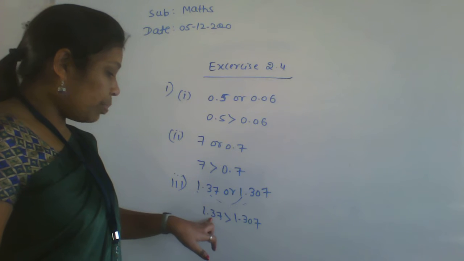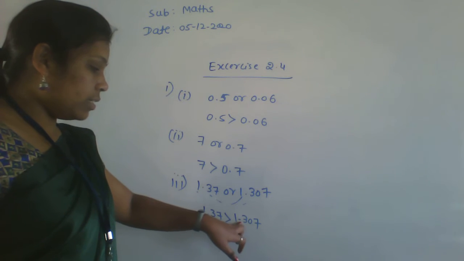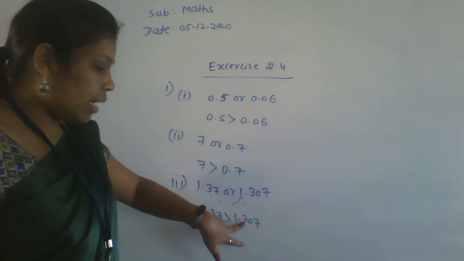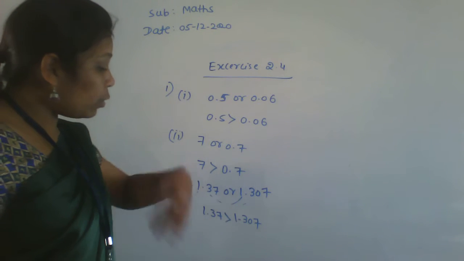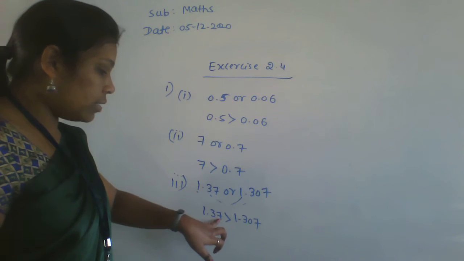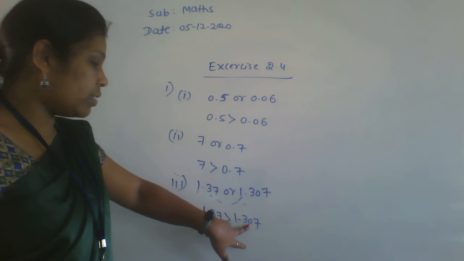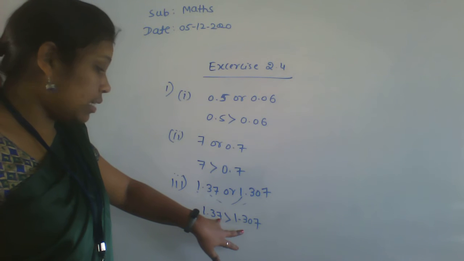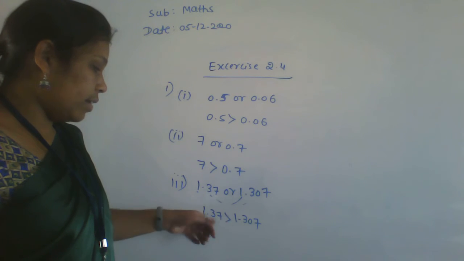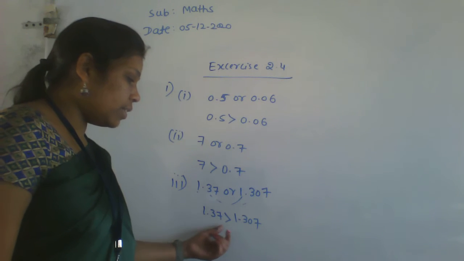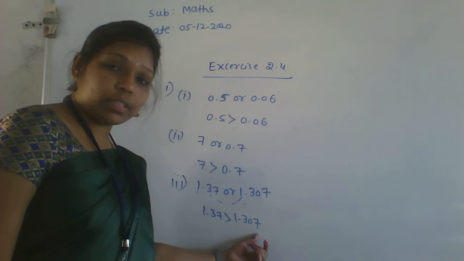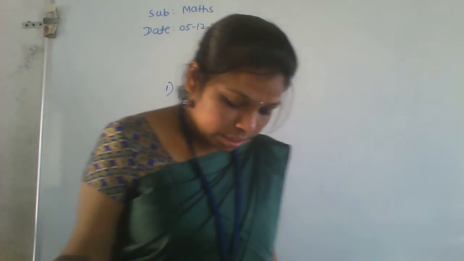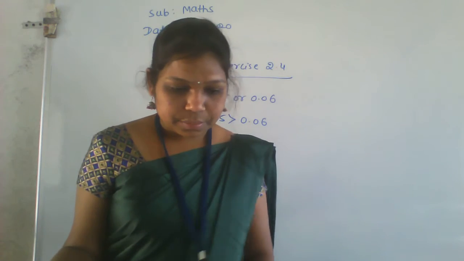So think here after the decimal point, here 3 is there, here also 3 is there. Compare, then go to the next number. Here 7 and here 0. Which one is greater? Of course 7 is greater. That's why this number is greater. 1.37 is greater than 1.307. Getting?